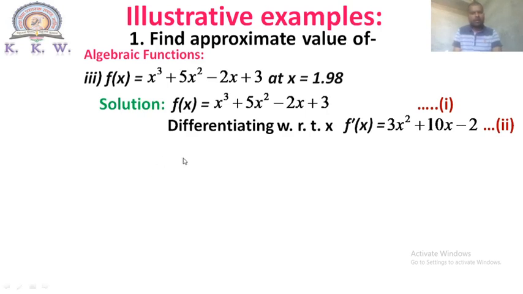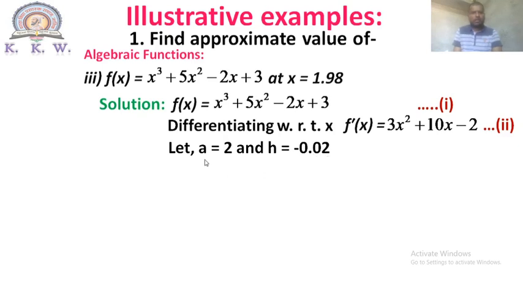Now we are finding the value of a and h. In the similar manner, to find the value of a, it is very near to 1.98, so that we can make its cube, square and multiplication easily. Therefore value of a closer to 1.98 is 2. Therefore h is 1.98 minus 2. Therefore h is equal to minus 0.02.